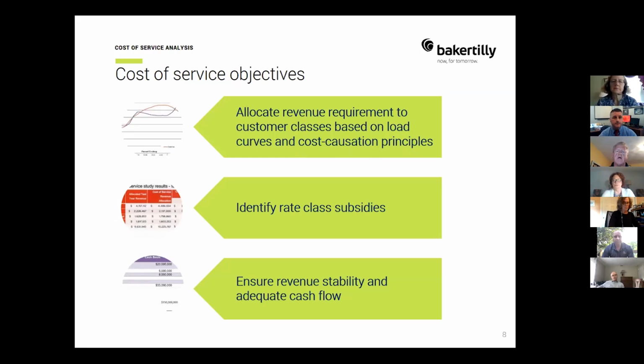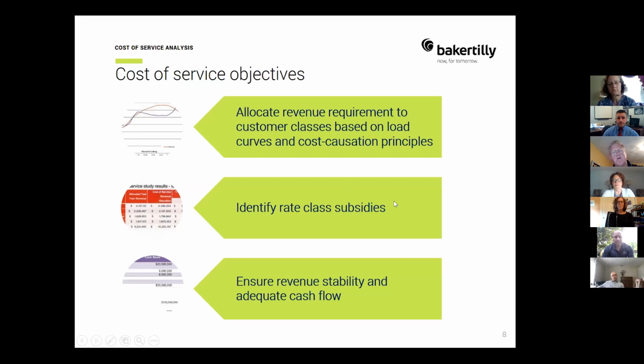And then you have other costs that are left over, like administrative and general, maybe your CARES program, things like that, where there isn't a direct one-to-one relationship. So you use other industry standards to allocate those costs to every customer class on a defensible allocation basis as well. And so what you end up with are what we call rate class subsidies.